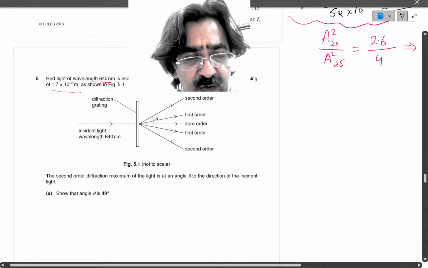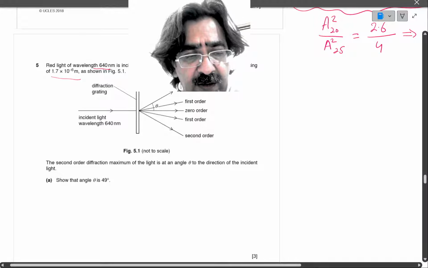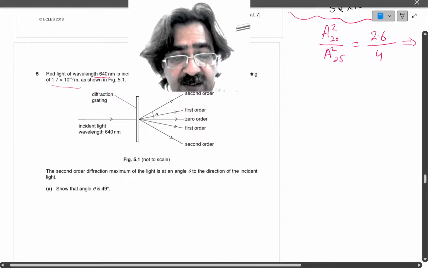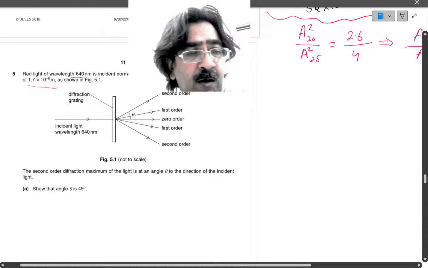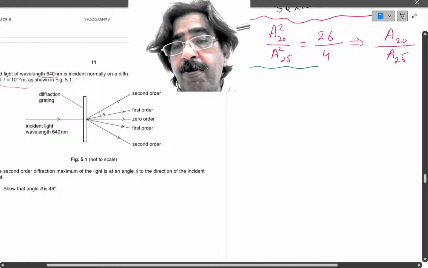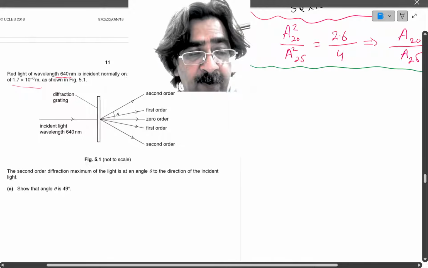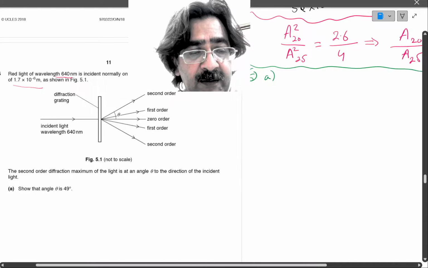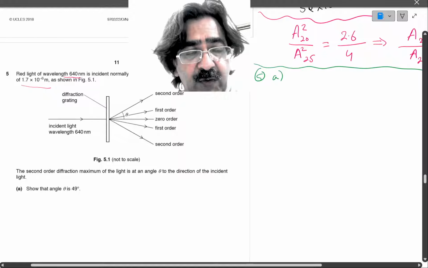Show that the angle theta is 49. Okay, second order. The question is simple. Question number 5, A part. Show that theta is 49.